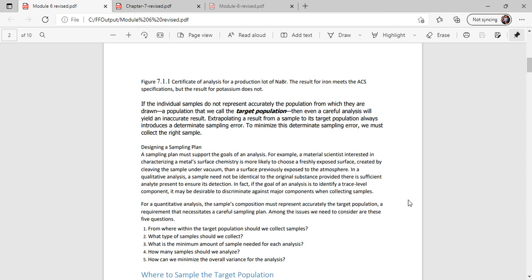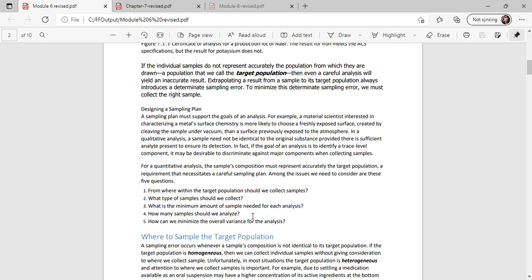For a quantitative analysis, the sample composition must represent accurately the target population, a requirement that necessitates a careful sampling plan. Among the issues we need to consider are these 5 questions. First, from where within the target population should we collect our sample?